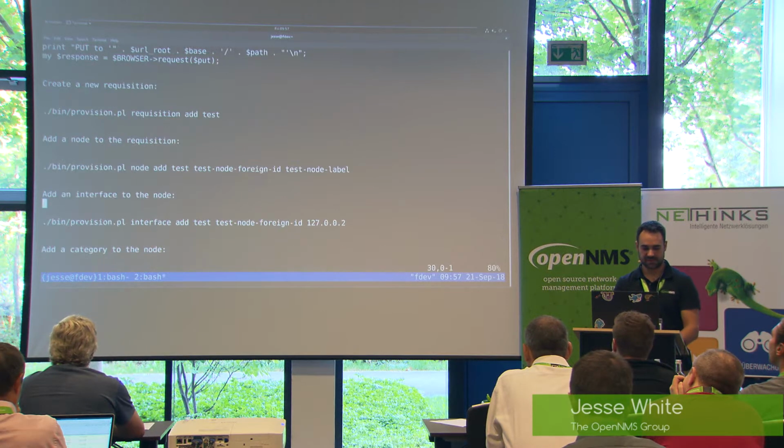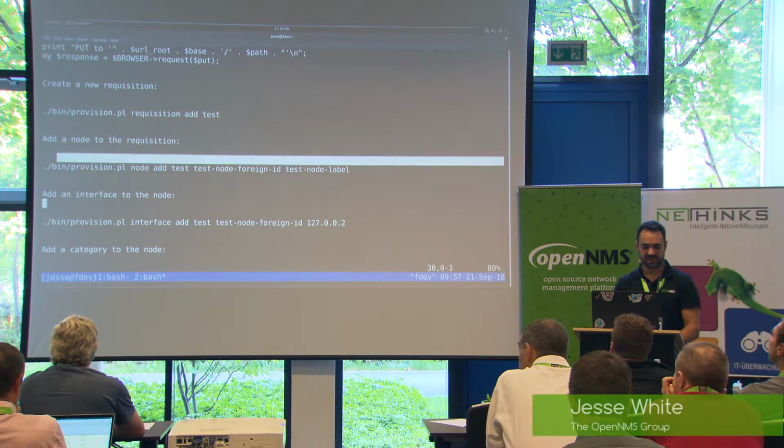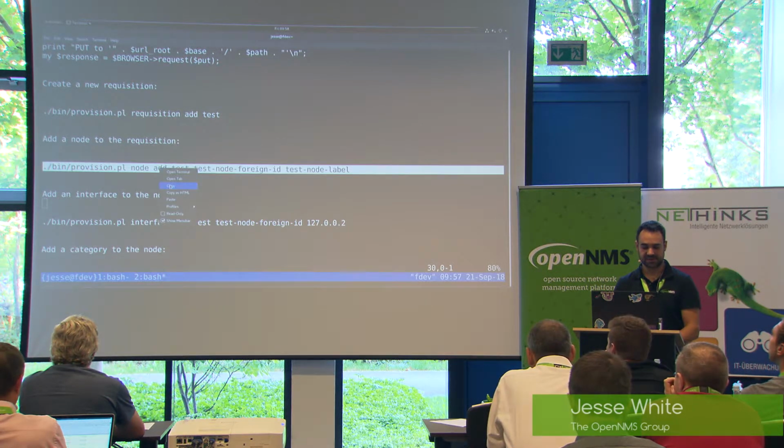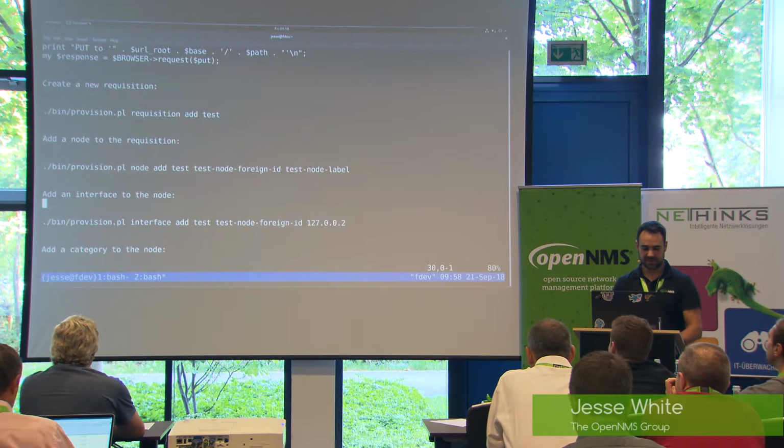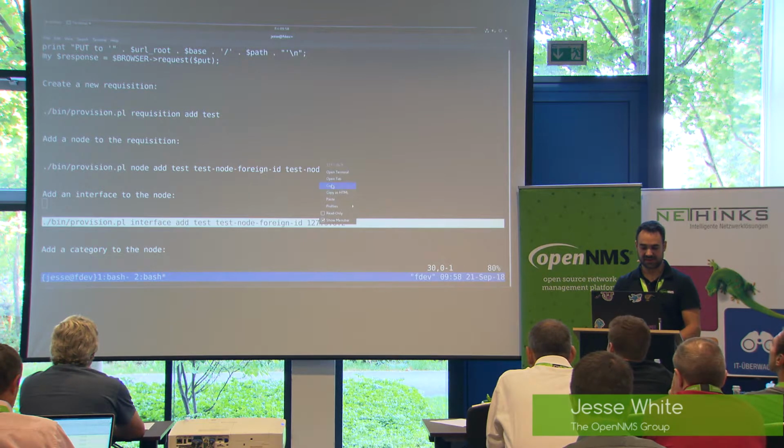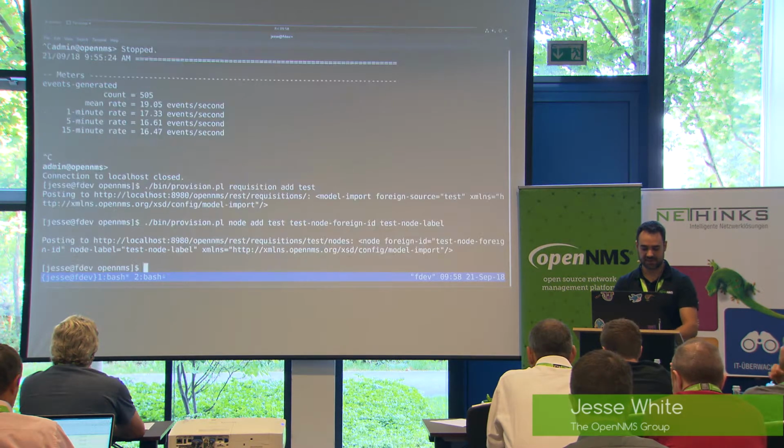Then next, we want to add a node to that requisition. So we're creating a new node in the test requisition. The foreign ID is test node foreign ID, and the label is test node label. Next, we want to add an interface to that node. Again, similar.